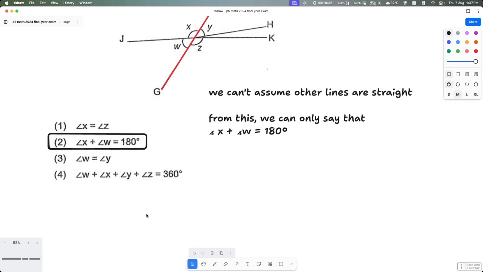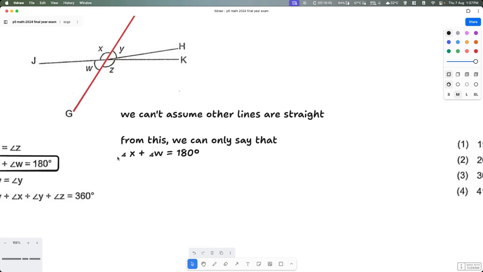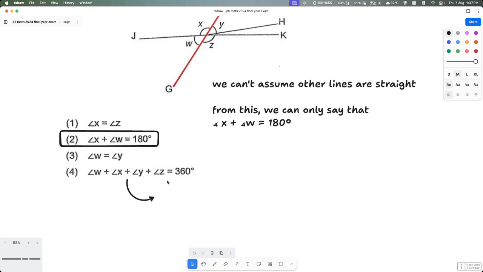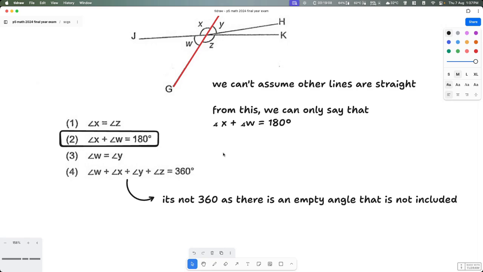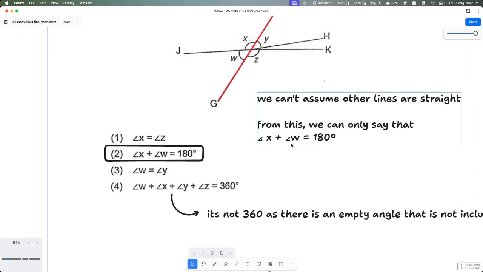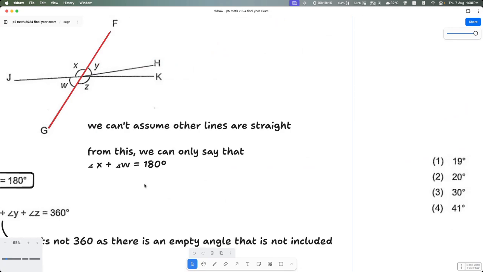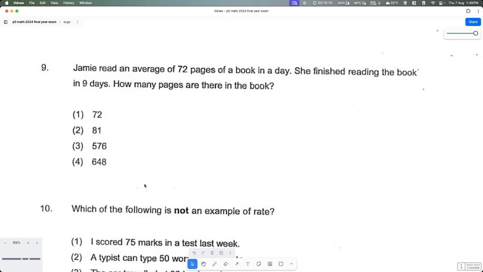So for this, let me draw an arrow. It's not 360 as there is an empty angle that is not included, right? Okay, so yeah, so x and z, nope. W equal to y, also no. Okay, so let's move on to question number 9.